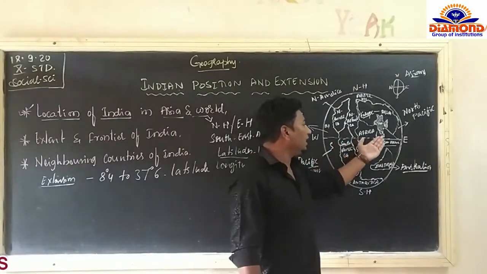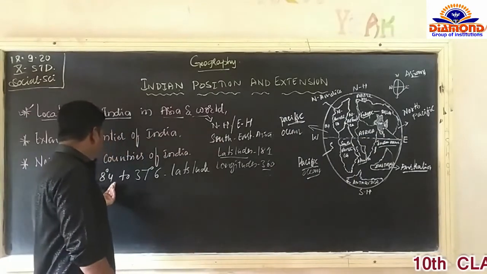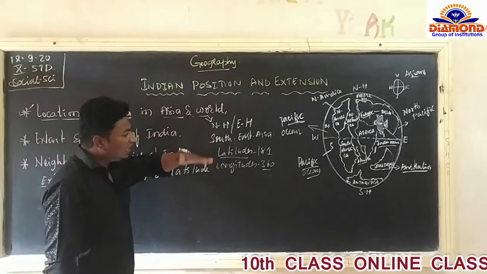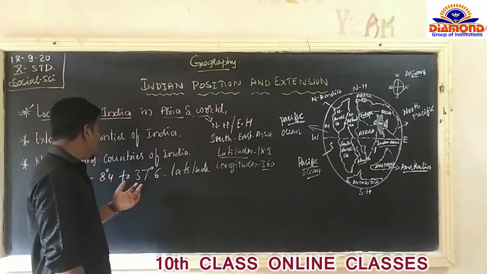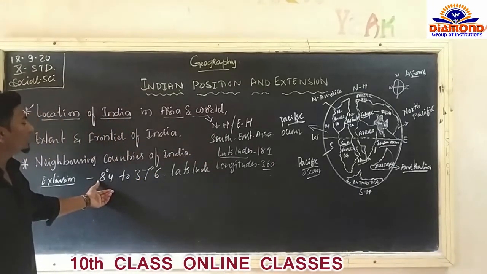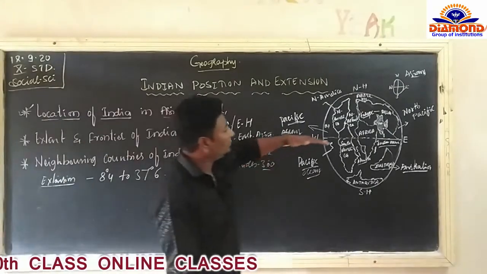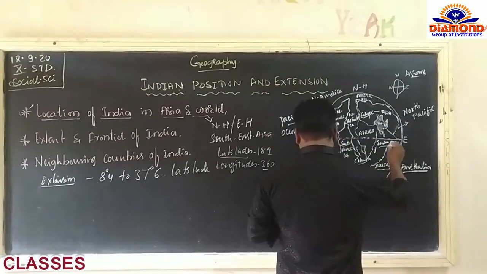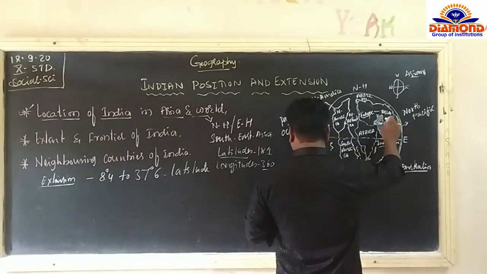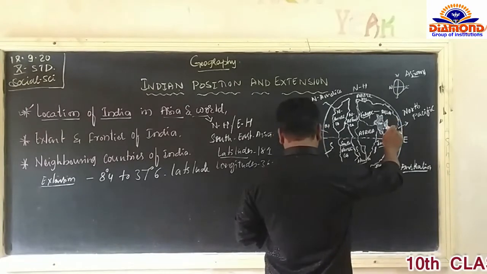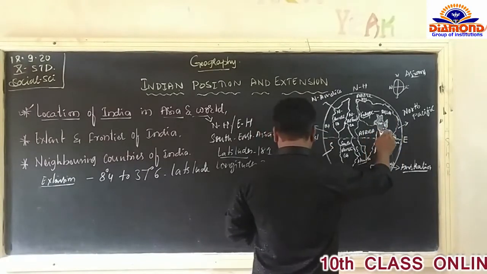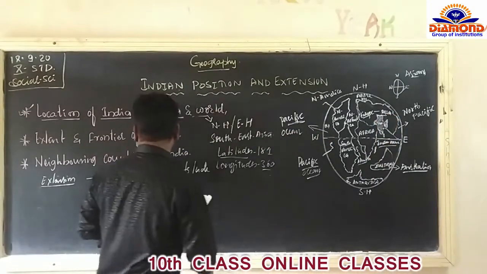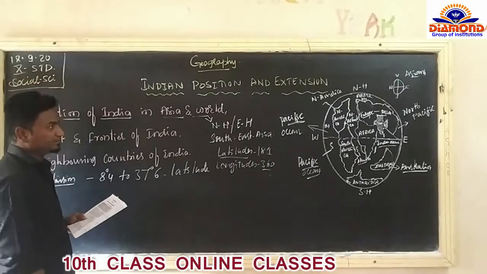So for India, the latitude is 8.4 to 37, from top to bottom. I am talking about top to bottom. We say that it is the north latitude, from 8.4 to 37.